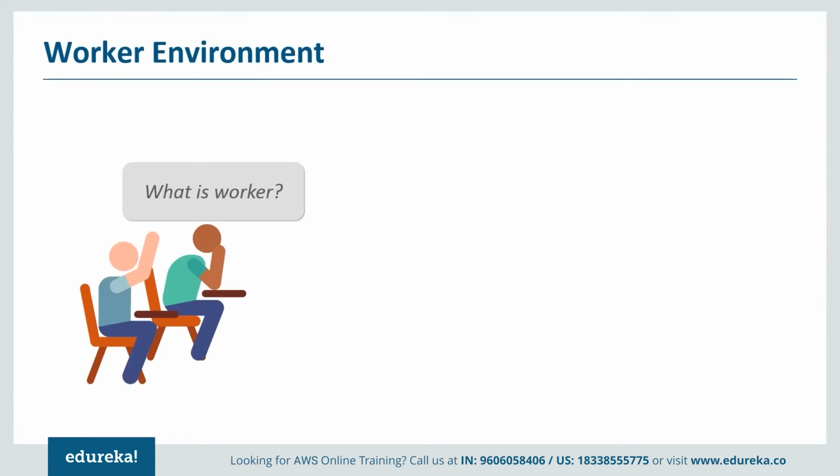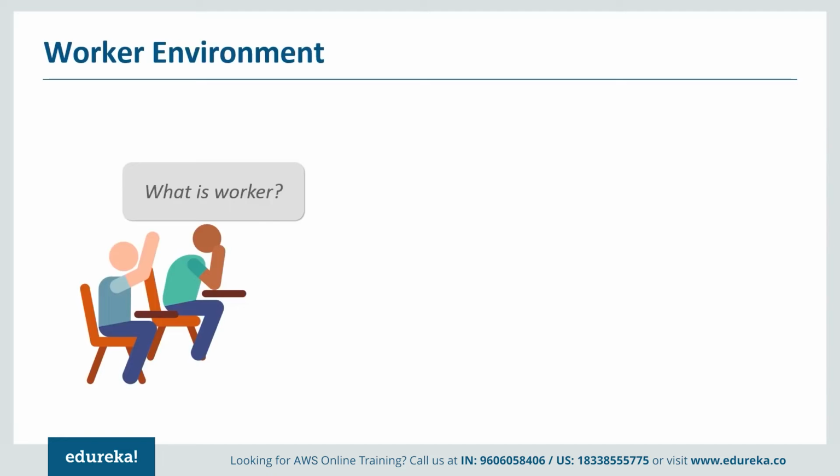First question that comes to our mind is, what is worker? Well, suppose your web server has received a request from client, but while it's trying to process the request, it has come across tasks which are consuming a lot of resources and taking a lot of time, because of which it's quite possible that your web server might deny other requests. So it forwards these requests to something called worker.